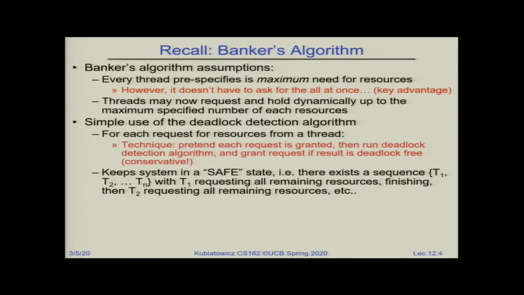This is a way of keeping the system in a safe state, which means that there's always a sequence, T1, T2, T3 through N, where you can complete thread 1, put its resources back, complete thread 2, put its resources back, till you get to thread N, and all the threads are done. So really, what the banker's algorithm is doing is with every request, it says, if I grant that request, will I still have some ordering that gets me done? If the answer is no, you're in deadlock, and that resource will not be granted until it would not take you out of a safe state. Question, yes?